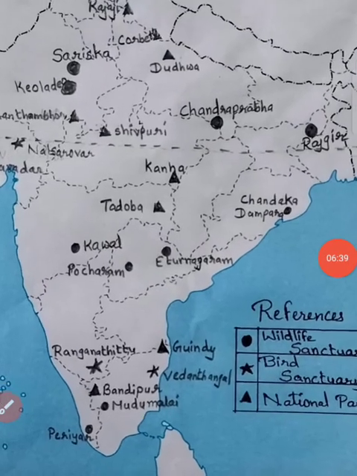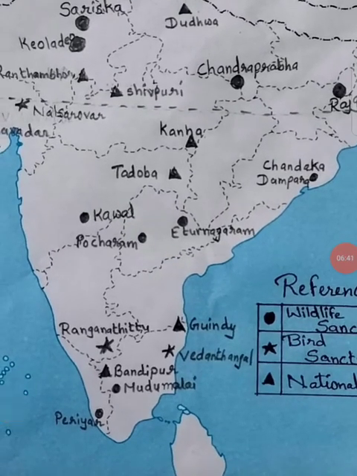Now see in the part of the south, here also it shows Gundi and Bandipur. Here also you have to tick mark the national parks.